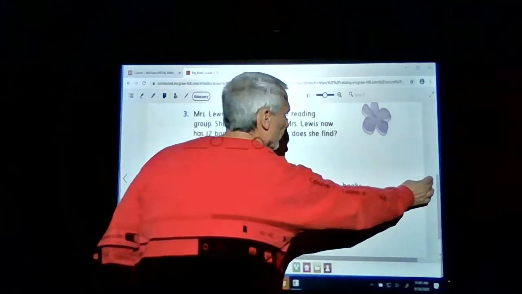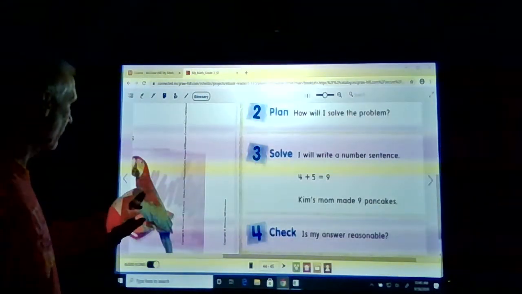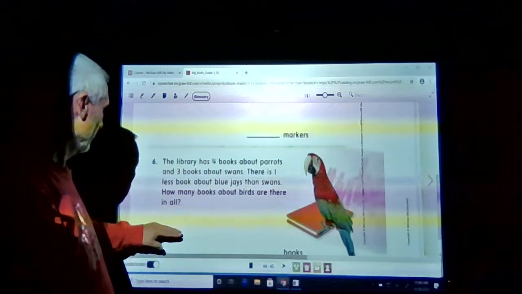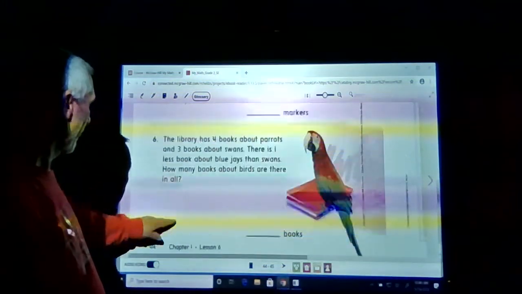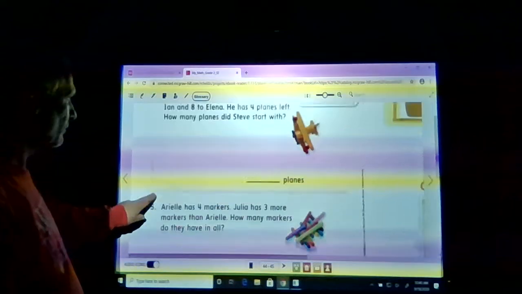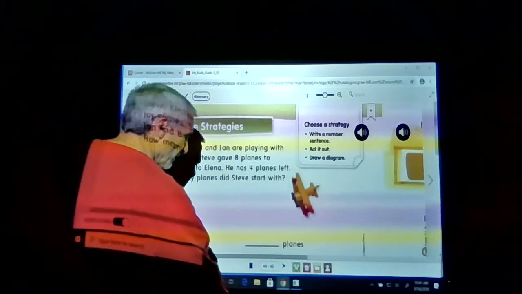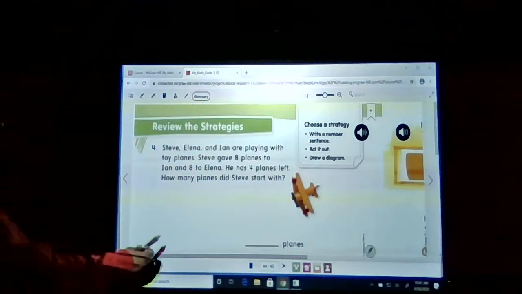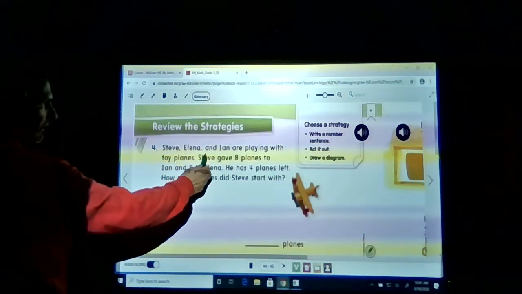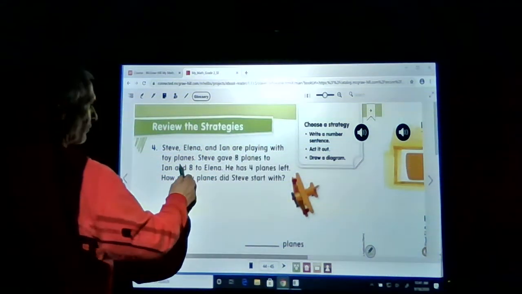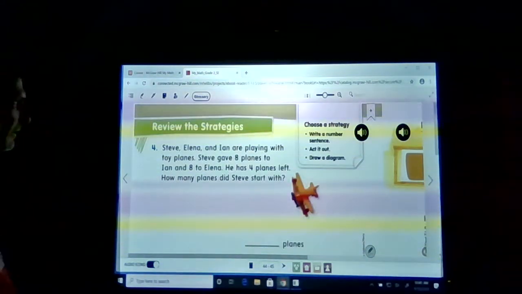Sometimes there's a little bit more to some problems. You have to think about all of them. Let's look at this number 4. Steve, Alina, and Ian are playing with toy planes. There's 3 people.